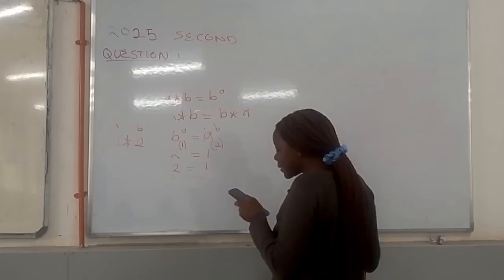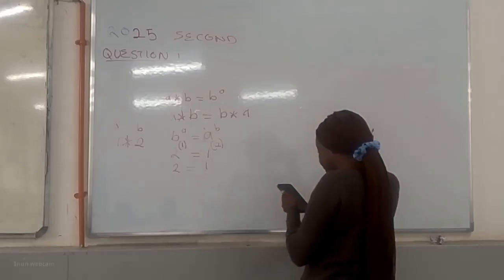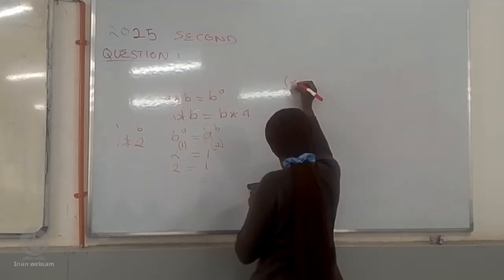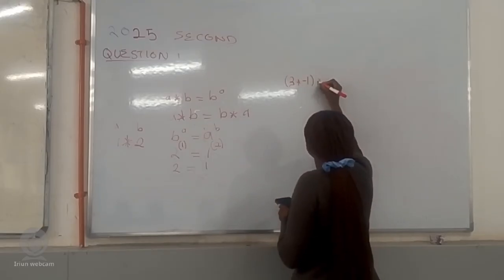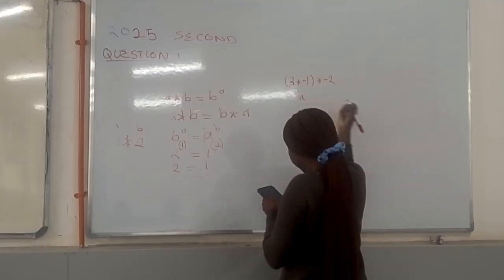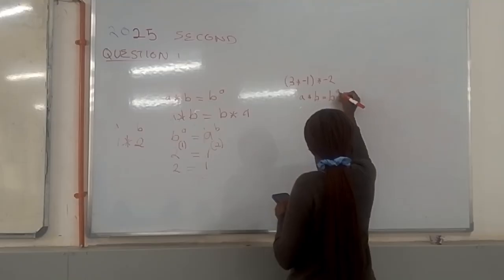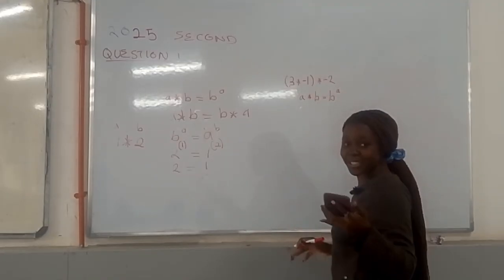So evaluate 3 star negative 1 star negative 2. So we're going to start with this. That's what Chosen said, if you remember.